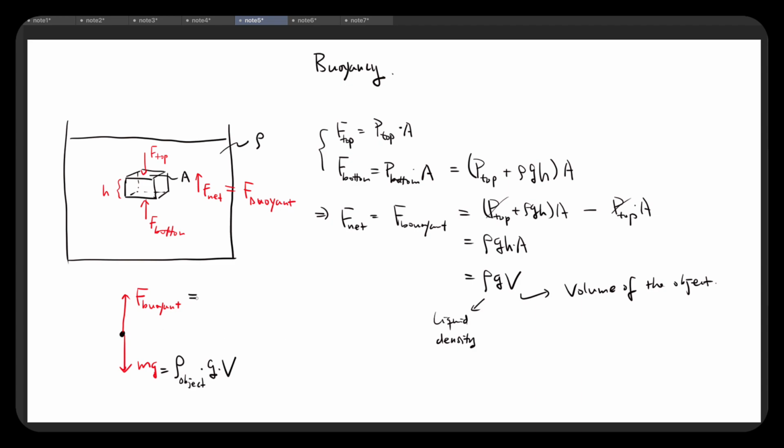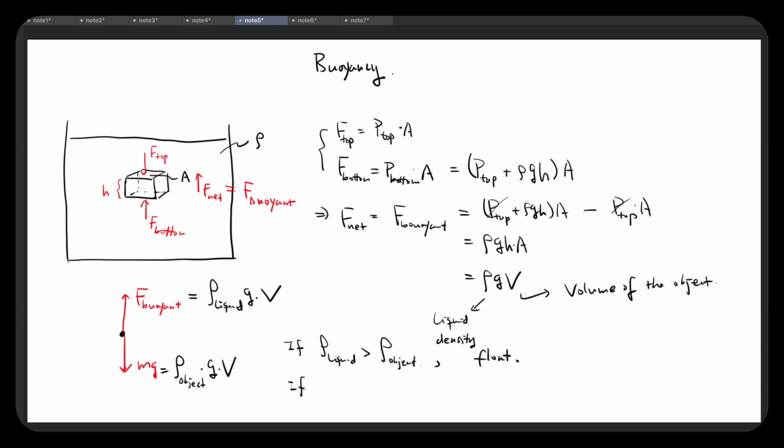And F buoyant we already know is rho liquid times g times V. Now if rho liquid is greater than rho object, so if the density of the liquid is greater than the density of the object, then the object is going to float.